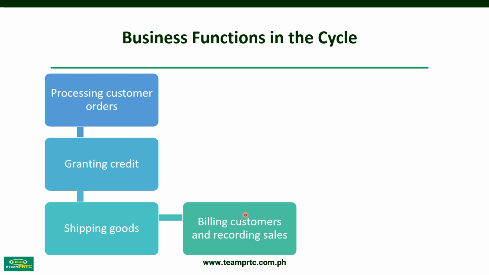So in billing the customer, the billing department will generate what we call a sales invoice. So yung sales invoice will be sent to the customer to bill that customer for the product shipped to them. And upon generating the sales invoice, it will also generate an entry to the sales book or the sales journal. And that is also the basis of the recording of the sales.